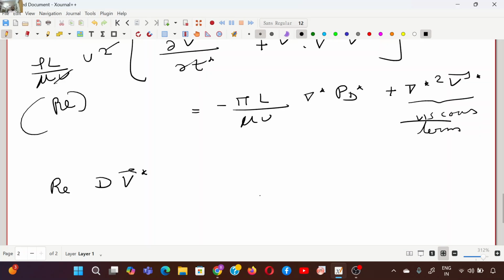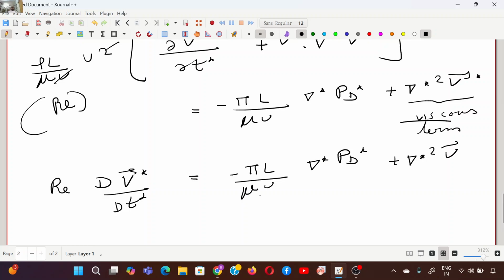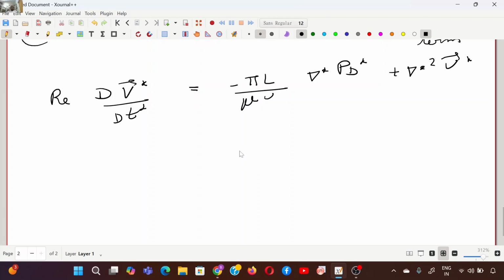Again, what is Reynolds number? Reynolds number is just rho uL by mu, or uL by kinematic viscosity, where kinematic viscosity is mu by rho.